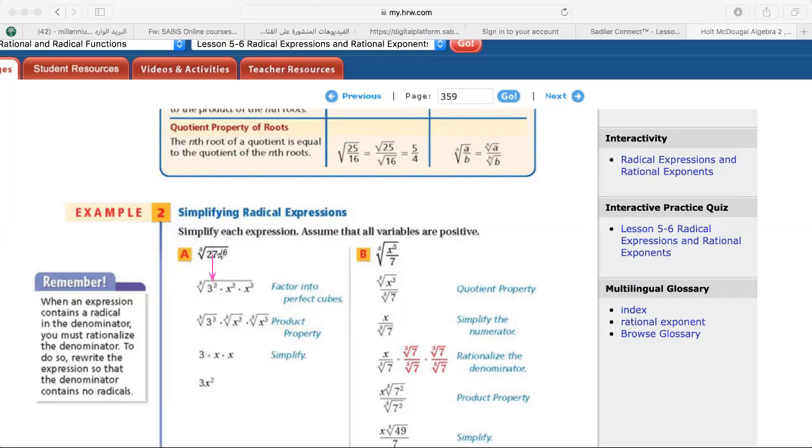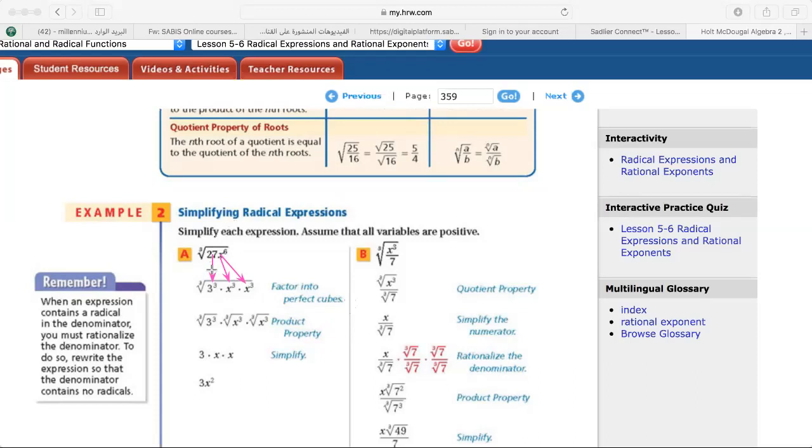And I can change x to the power 6 to x to the power 3 times x to the power 3, because when I multiply two exponents with the same base, I add them. So 3 plus 3 is 6. So now I factor into perfect cubes and easy roots to be solved.